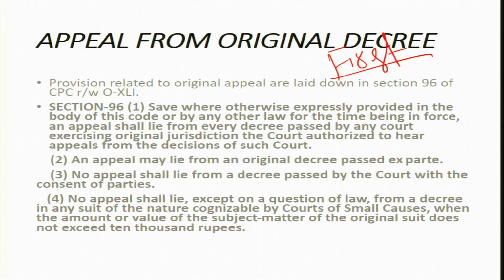You can note: an appeal shall lie from every decree passed by any court exercising original jurisdiction, to the court authorized to hear appeals from the decisions of such court. Every decree is appealable, and all those points of a decree that we discussed earlier must be there: conclusive determination of the right of a party with regard to all or any of the matters in controversy, adjudication, substantive right of the parties, formal expression.